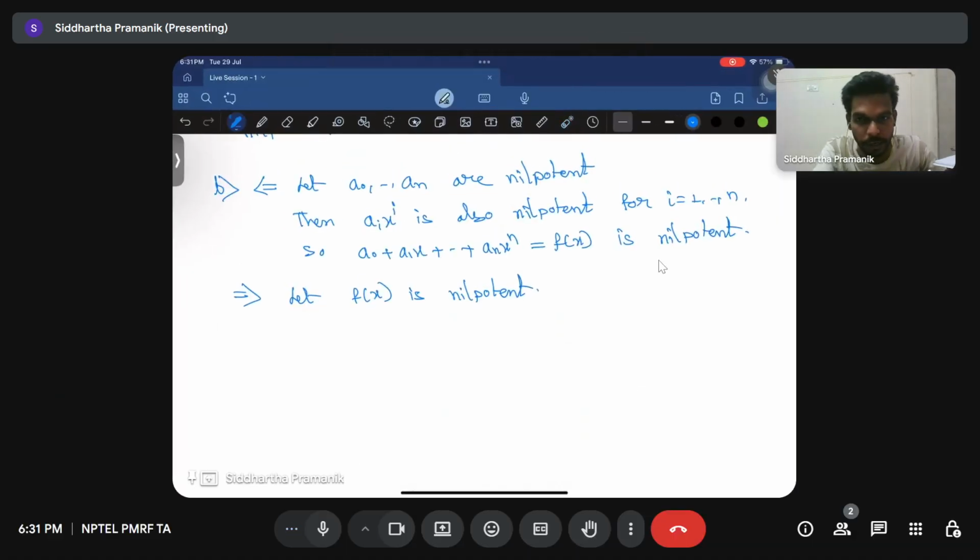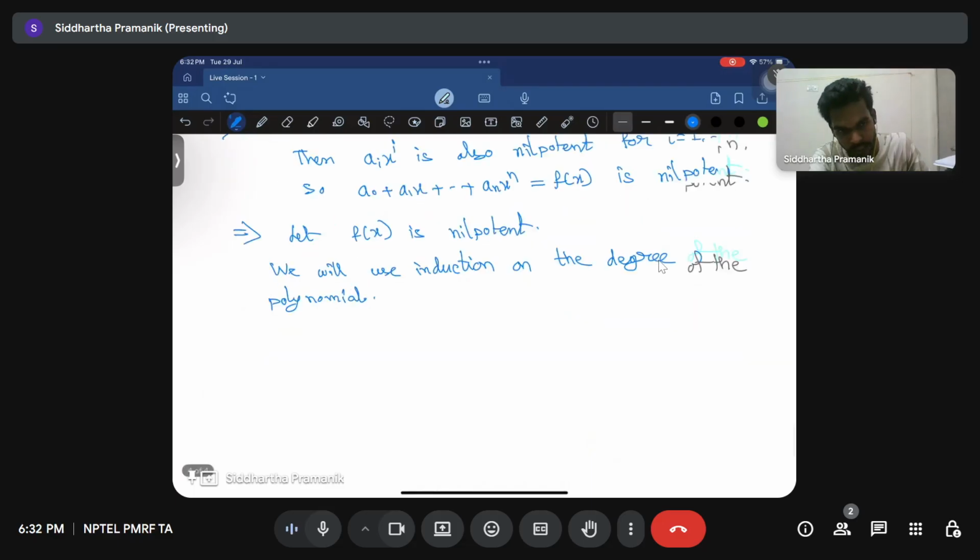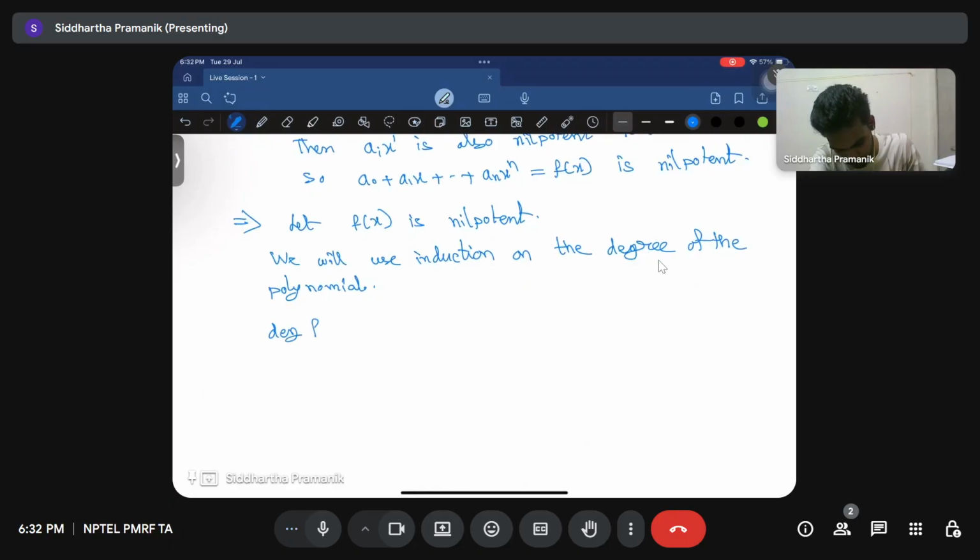So again we will use induction on the degree of the polynomial. So the base step is degree of f is 0. So this is our base step. In this case fx is just a0. So this a0 is nilpotent by just the assumption. So here we have nothing to prove.